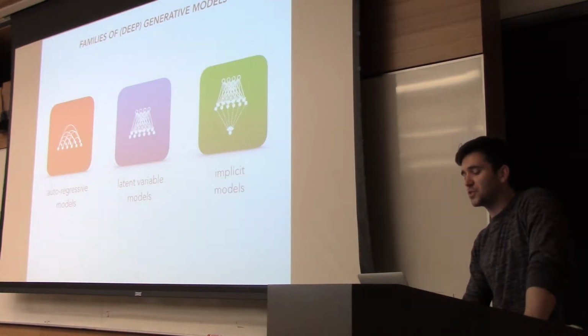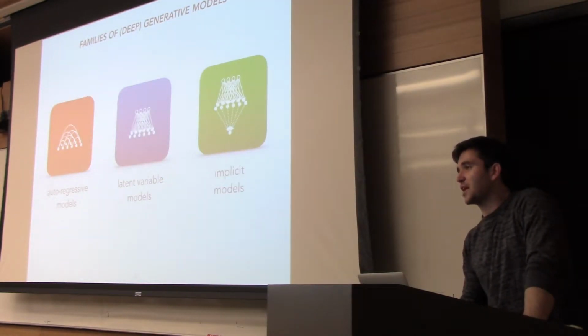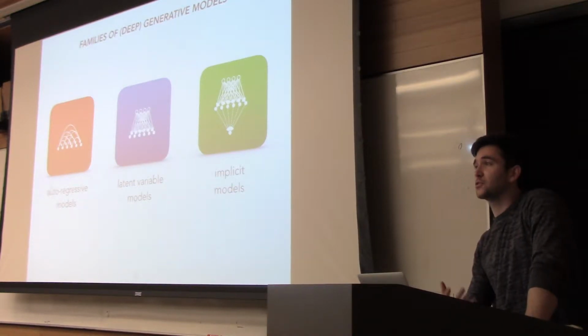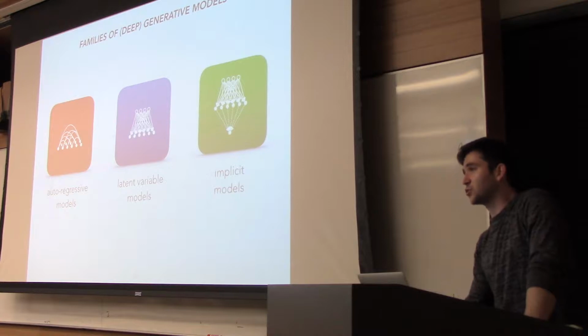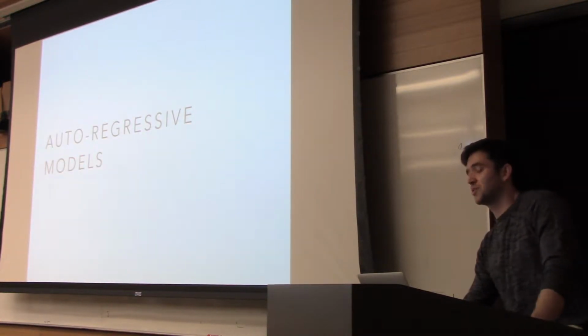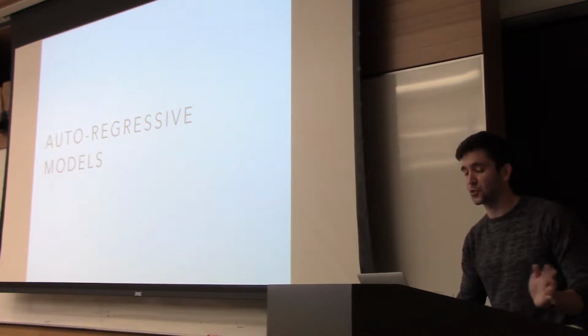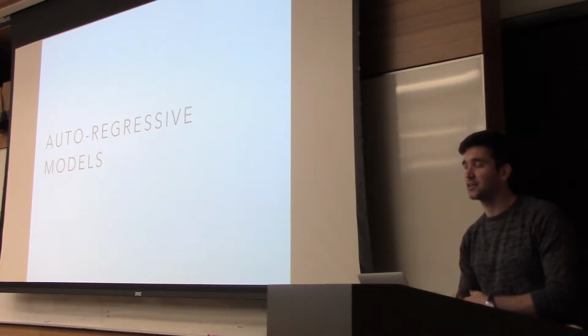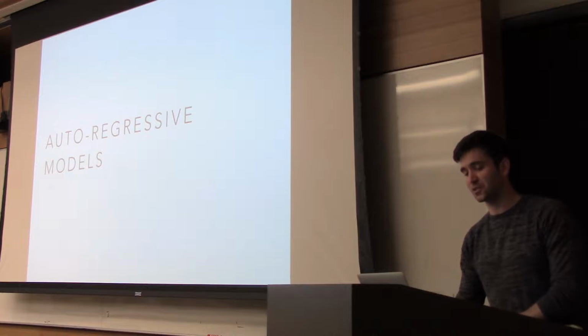And then we're going to be talking about these implicit models that do not have an explicit probability representation, but nevertheless can learn this data structure, although implicitly. So, and stop me if there's any questions. So we're going to go through each of these families today. That's going to be the lecture.